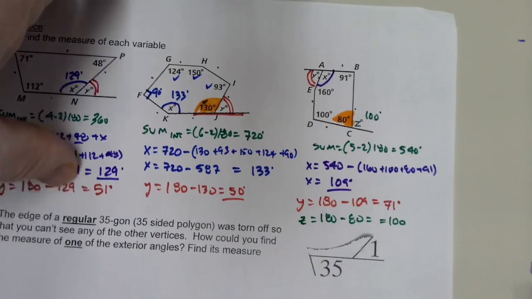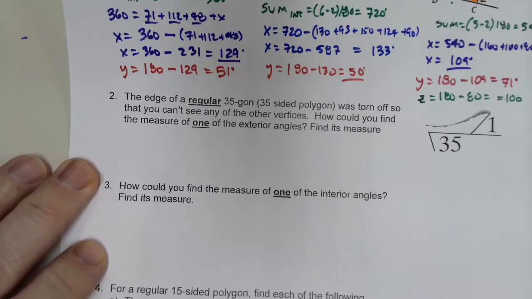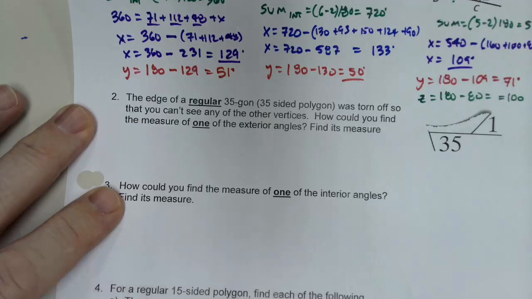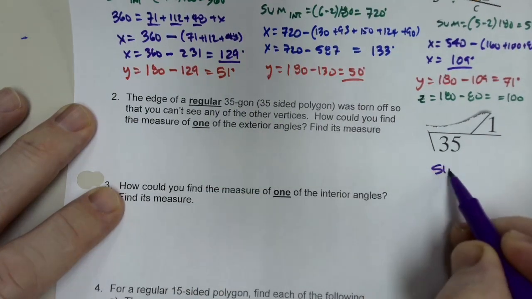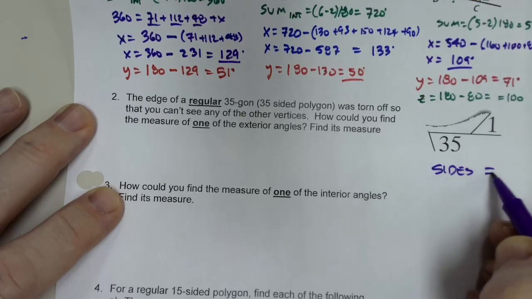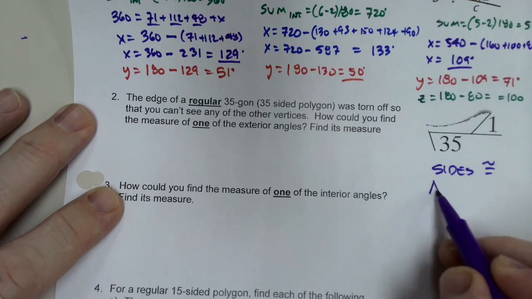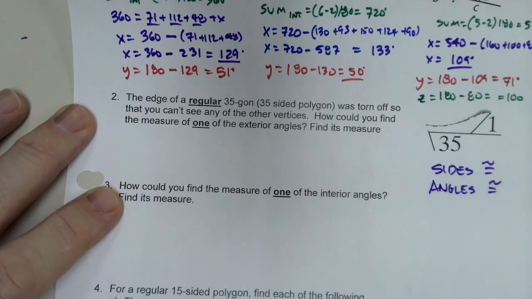Now, we have a special case here we want to look at, and that is if we have a polygon that is regular. I want to remind you, if you want to look back in your notes, from the Desmos activity, regular means that all sides are congruent and all of the angles are also congruent.